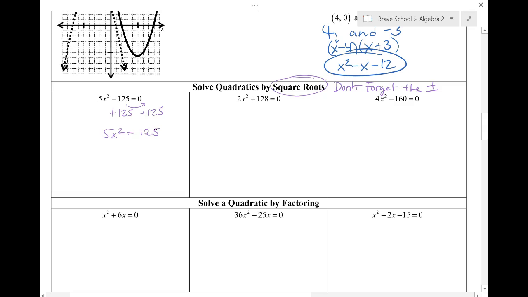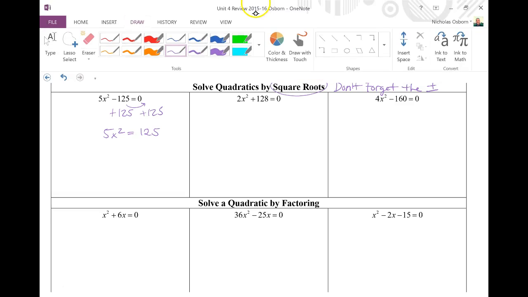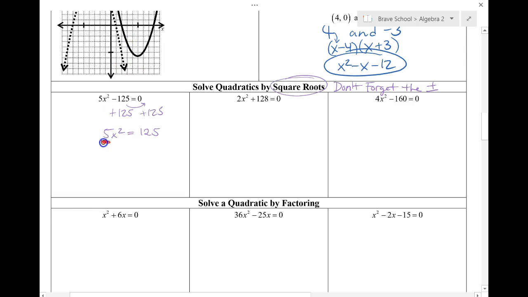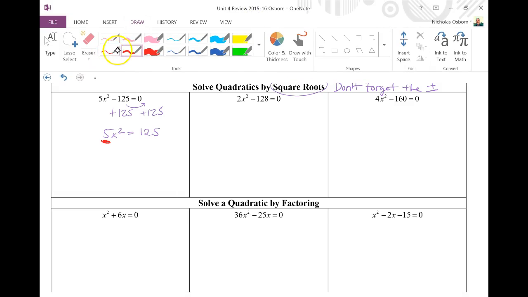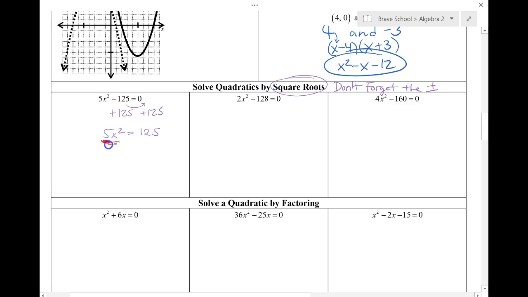Now, the next thing you need to do is you do not want the number in front of the x squared to be bigger than 1. So let's get rid of it by dividing both sides by 5. So I'm going to divide this side by 5 and this side by 5, and it makes life easier as well.